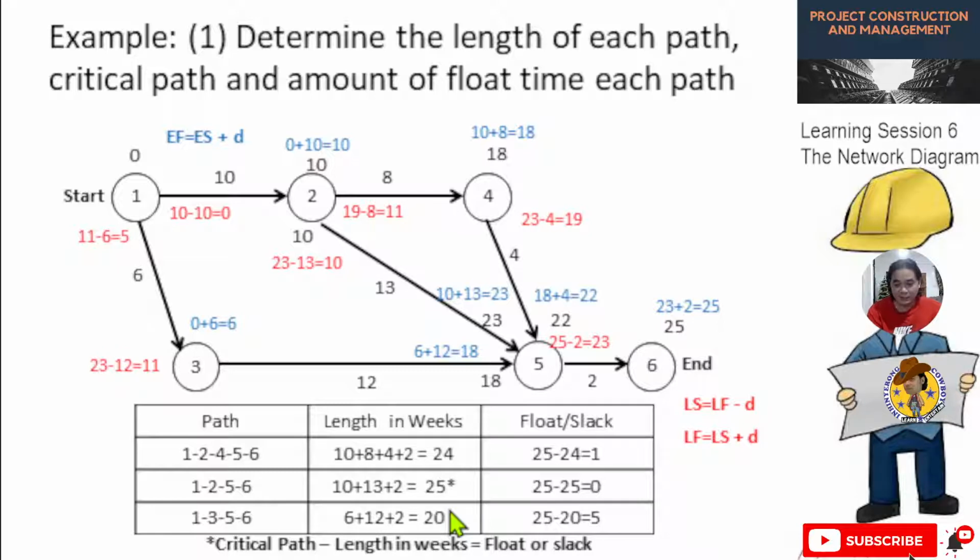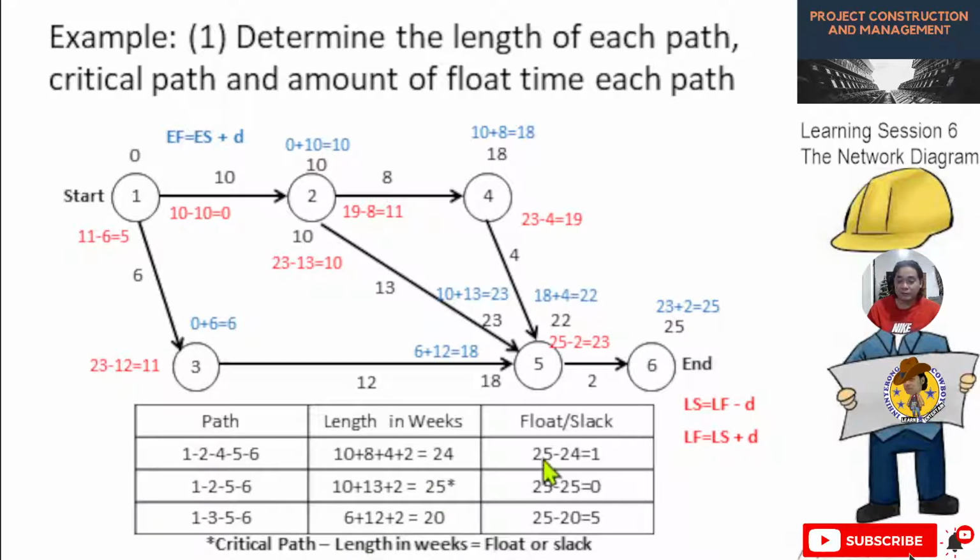Remember that the critical path is the longest route among the paths of the project. So this one, 25 days. Then for the float or slack per path, the computation will be the critical path, 25, minus the length of each path.